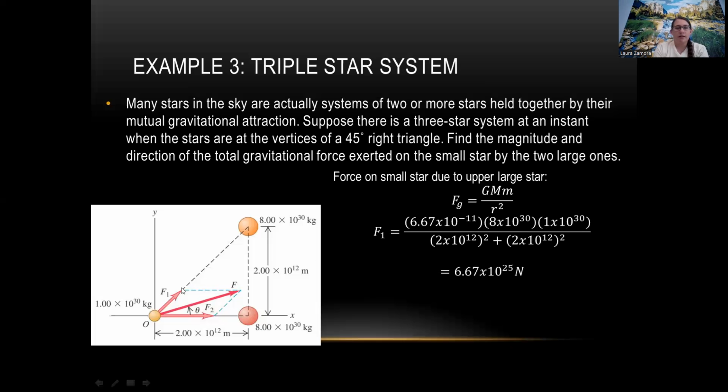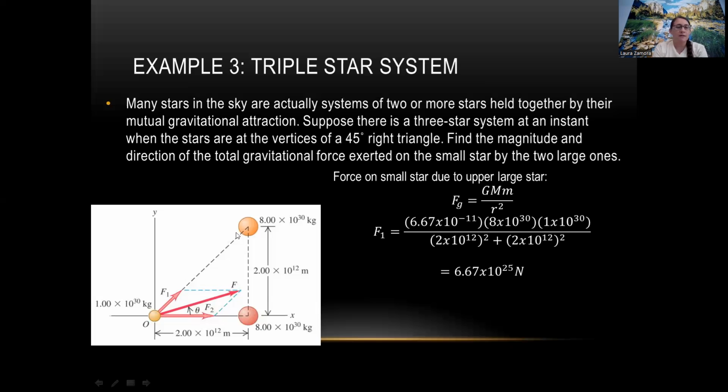So F1 here, this first force of gravity between these two stars, is big G, 6.67 times 10 to the negative 11, times the mass of the big star, times the mass of the small star, divided by the distance squared.